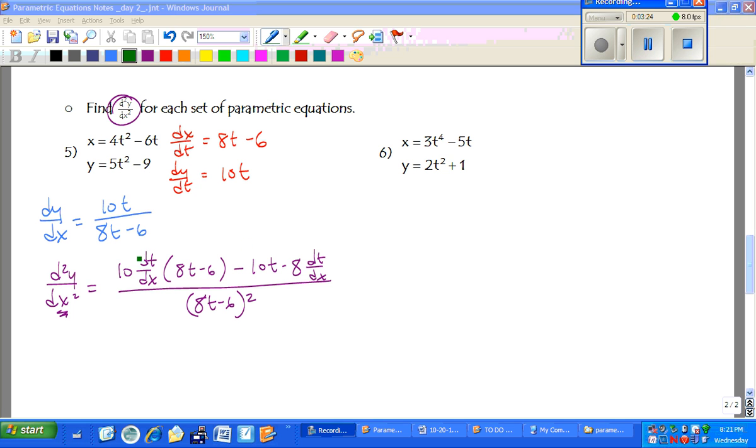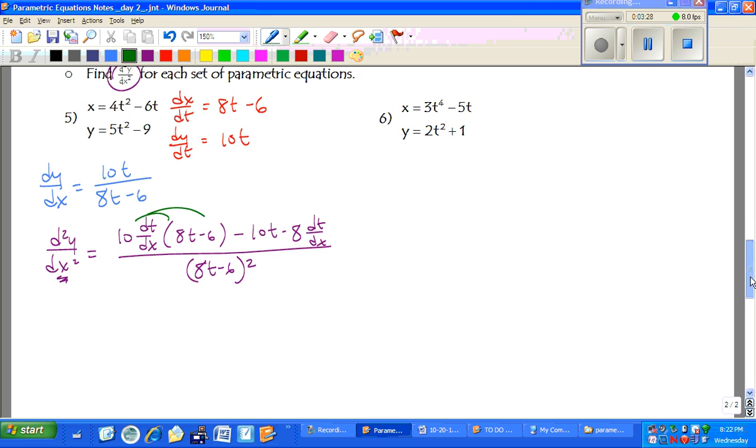All right, let's go ahead and take care of the numerator. We get 10 times 10 dt/dx times 8t, so we get 80t times dt/dx minus 60 times dt/dx minus 80t dt/dx, all over 8t minus 6 squared.